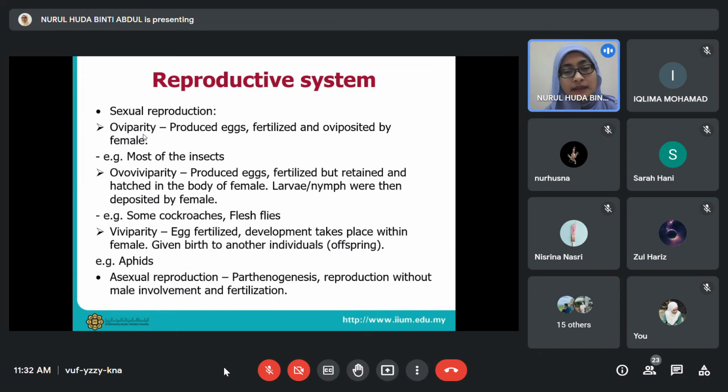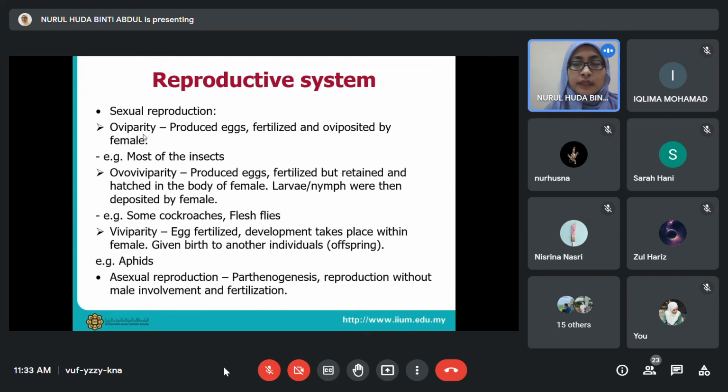Maksudnya dia tak ada proses mating, tak ada fertilization. Okay, the mother can clone itself through what we call parthenogenesis. Mostly shown by sap-sucking insect pests like aphid, scale insect, mealybug.